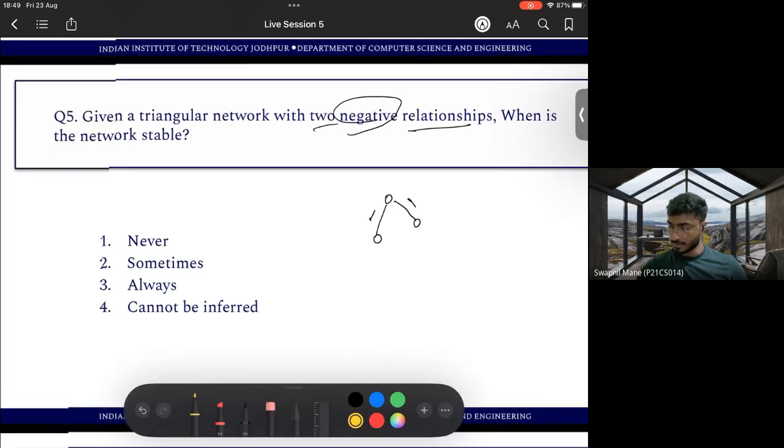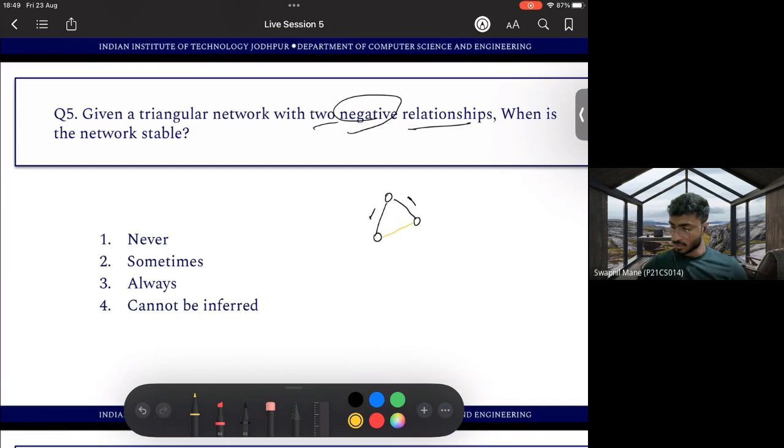Let's take this one also negative. So only considering this condition, where two edges are negative, is the network every time balanced or not, meaning stable or not stable?